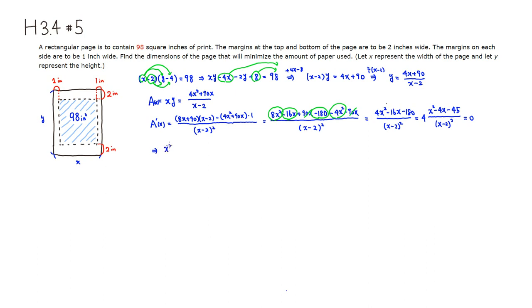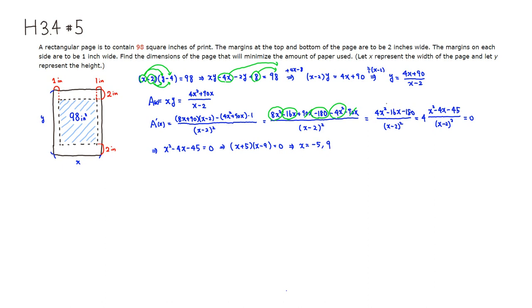So you have x squared minus 4x minus 45 equal to 0. And if you factor this, it can be factored as (x plus 5)(x minus 9) equal to 0. So that's going to give us critical numbers x equals negative 5 and positive 9.